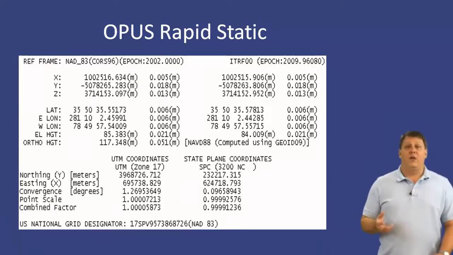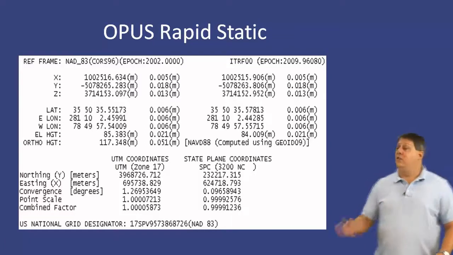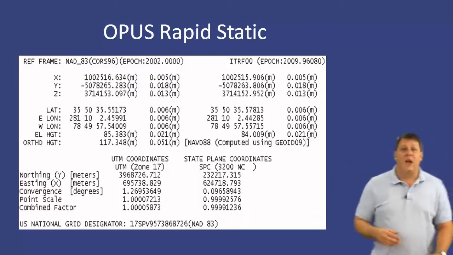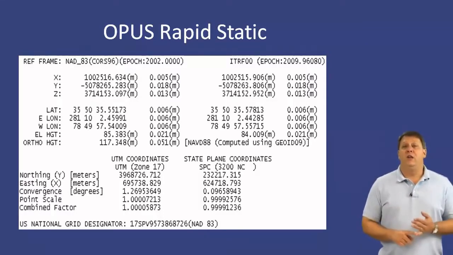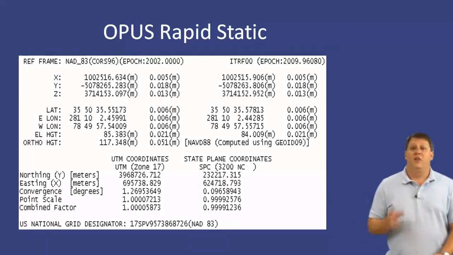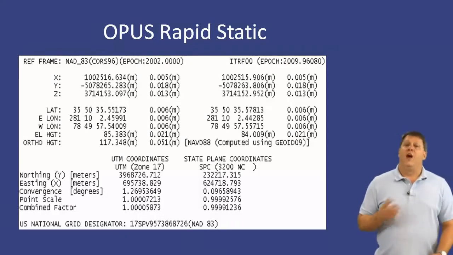our orthometric height or our elevation, and to the right of that you can see the vertical datum and the geoid that was used. You can also see going down as well the UTM coordinates and the state plane coordinates with their respective zones. Notice that these answers are in meters, our convergence angle, our scale factor, and our combined factor for our point.